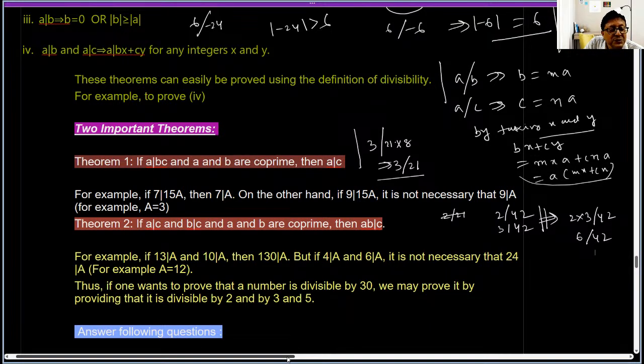Clear? Thus, if one wants to prove that a number is divisible by 30, we will prove that it is divisible by 2, 3 and 5. Already we have seen.